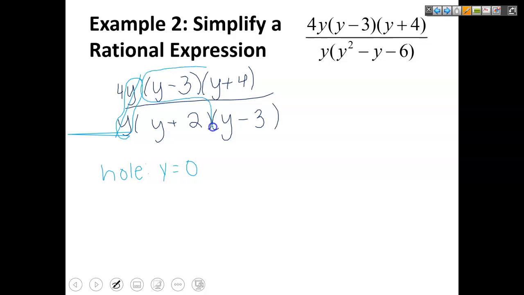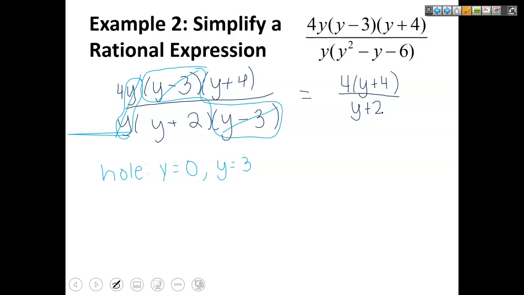You have y minus 3 and y minus 3. Goodbye. So y equals 3 is another hole. If you were to graph this, where we have holes on our graphs, these would be holes. That leaves me with the new function 4, y plus 4 over y plus 2.